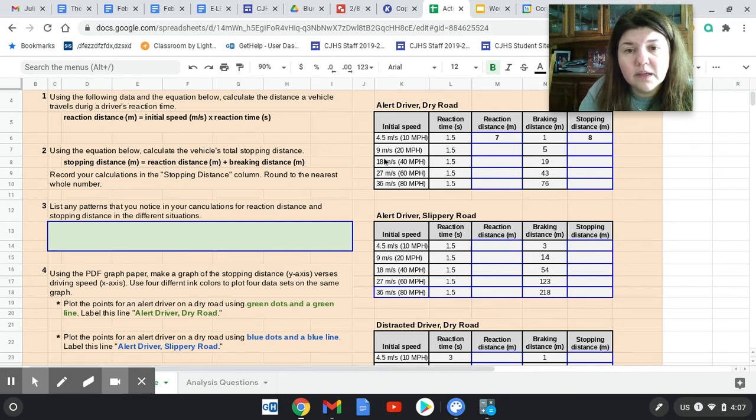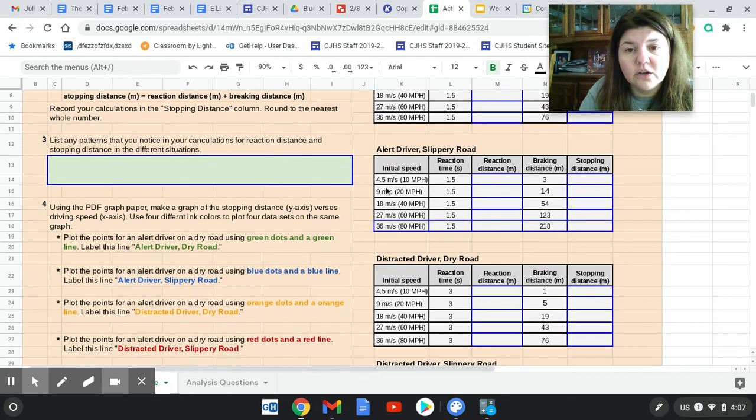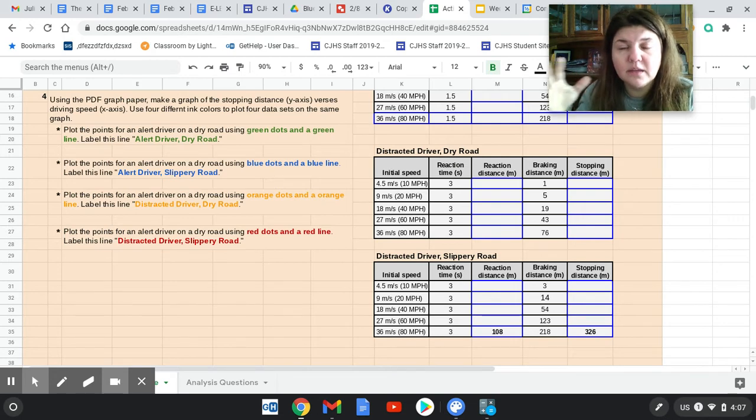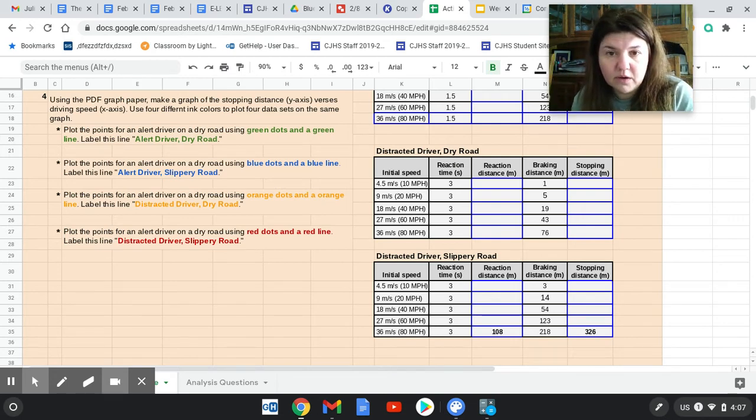So if I'm looking at each of these, you should notice that the speed is the same in all four data tables. And I want to make sure that I have the proper scale and I get all the way to the end of my graphing paper. So I need to look at what is the greatest speed, and the greatest speed is 36 meters per second or 80 miles per hour, but we're going to use the metric system, so 36 meters per second.